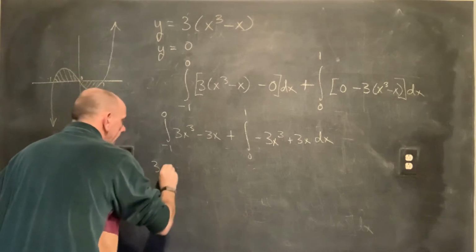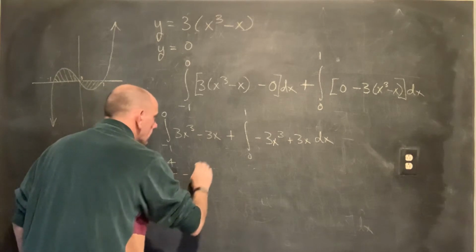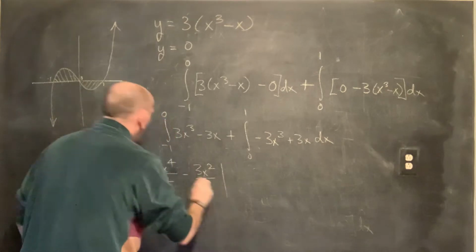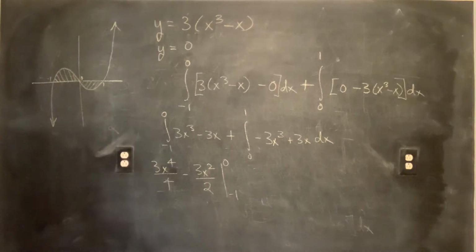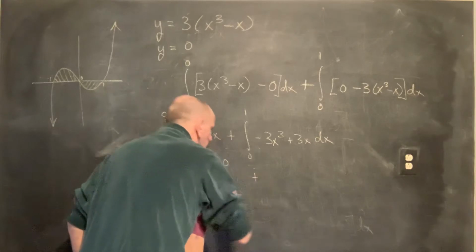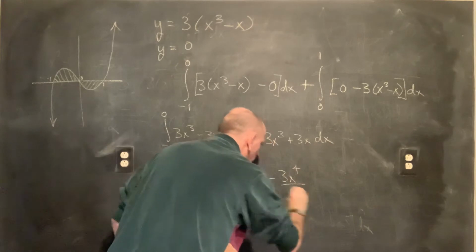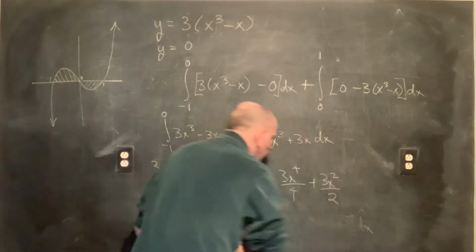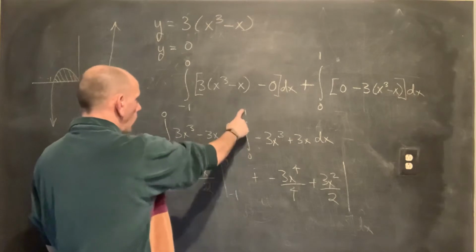So 3x to the 4th divided by 4 minus 3x squared over 2, evaluated at 0 and negative 1. That takes care of the first integral. Then plus negative 3x to the 4th over 4 plus 3x squared over 2. And this time I need to evaluate at 1 and 0.